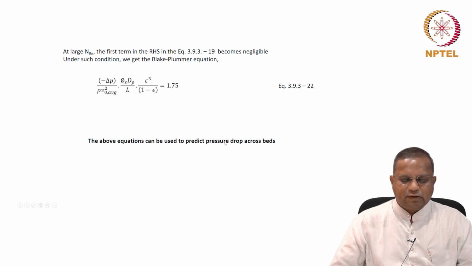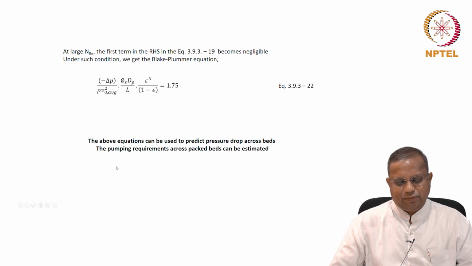And the above equations can be used to predict pressure drop across beds. Pressure drop is a very important design parameter. And we have seen a way by which we can get a measure of the pressure drop by using the various measurable parameters. The pumping requirements across packed beds can be estimated once you know the pressure drop.